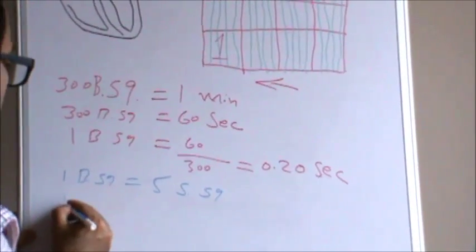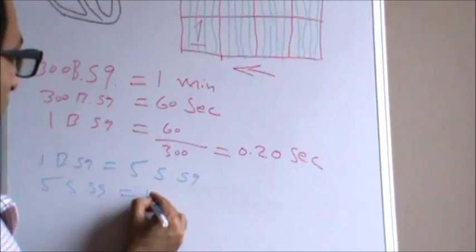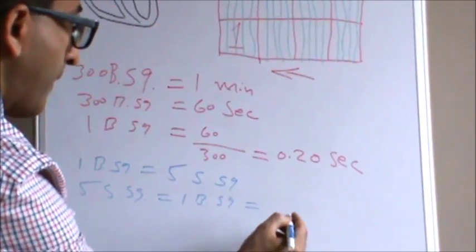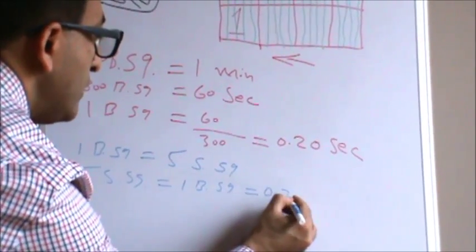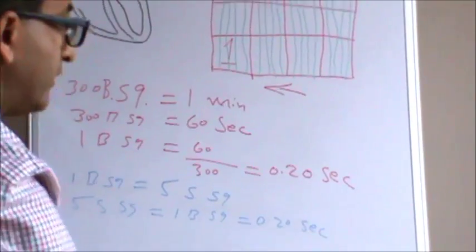Or we can say 5 small squares equal 1 big square equals 0.20 second.